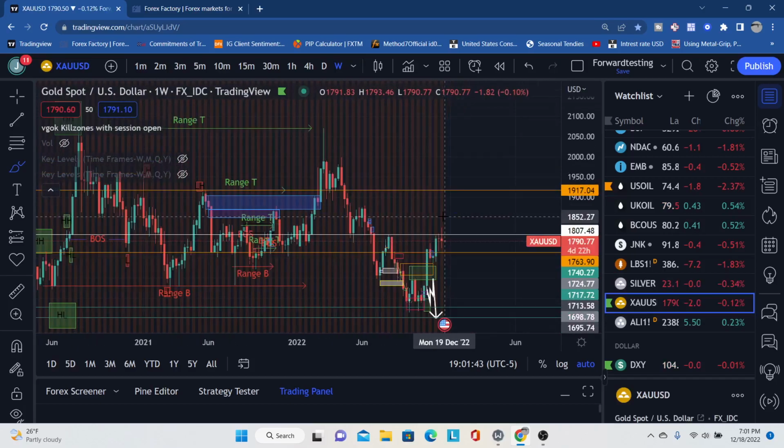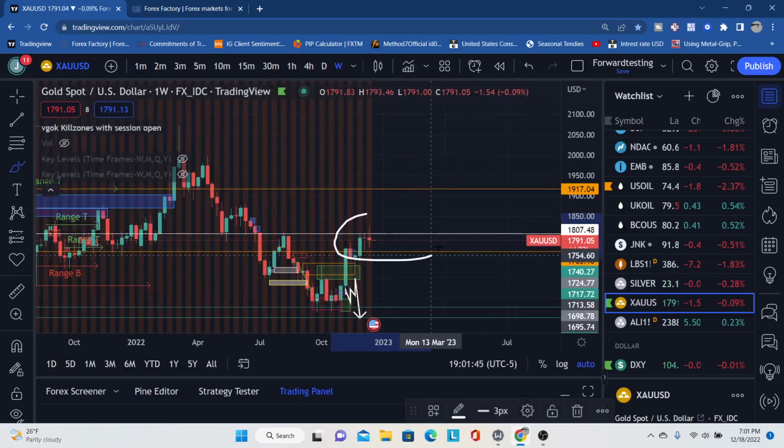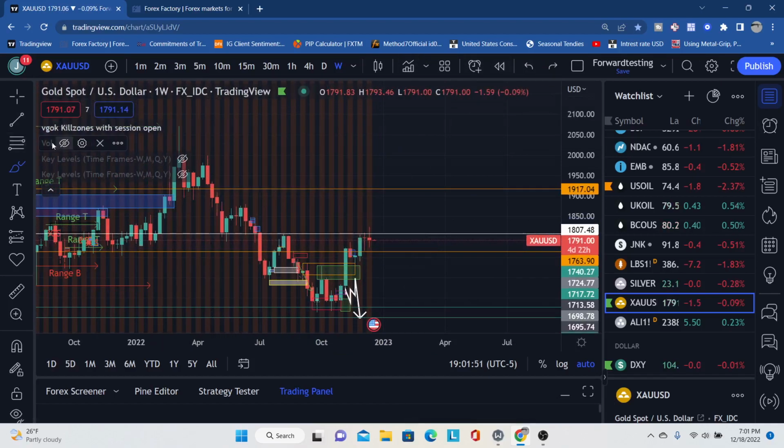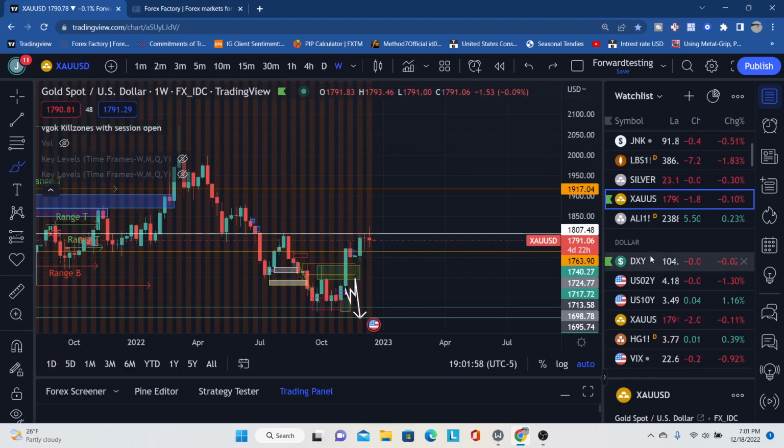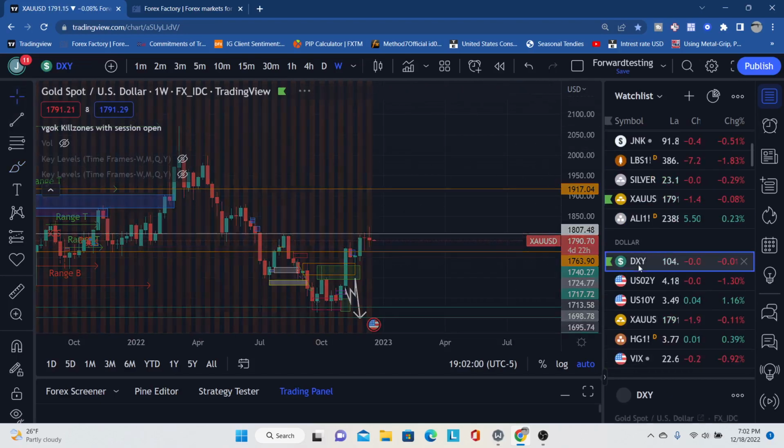Gold is hanging out right around this weekly supply area. It's been hanging out here for a while. I think it's waiting for the US dollar to make its final move to confirm it.